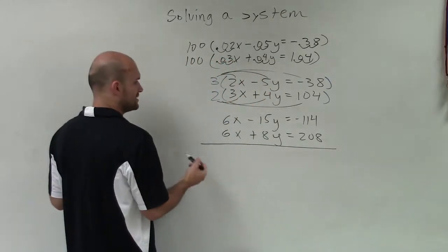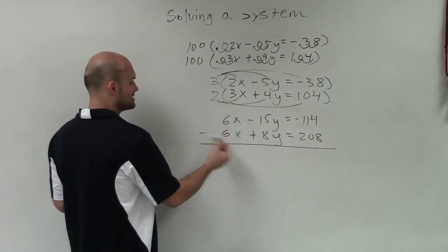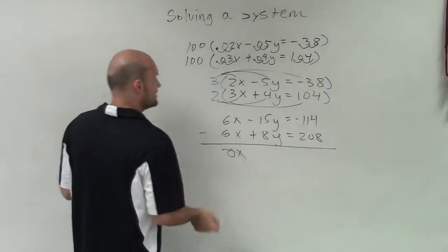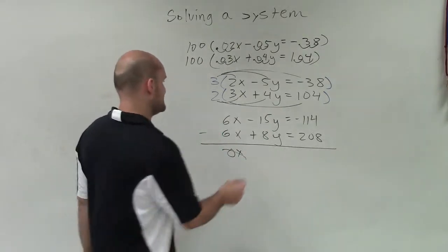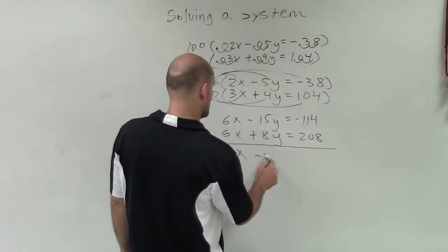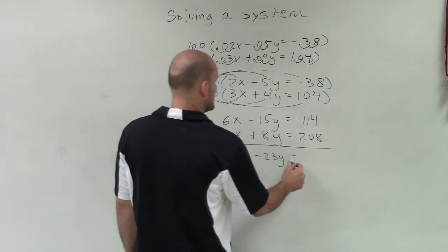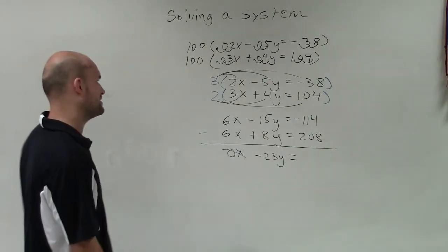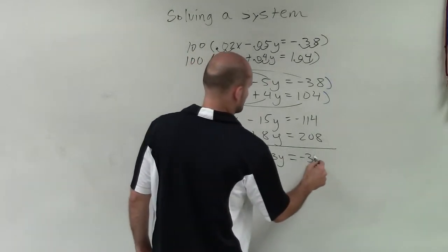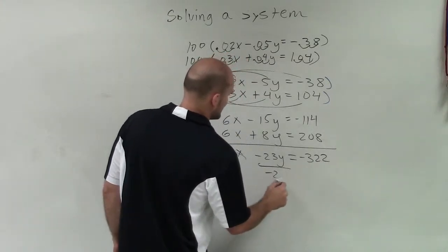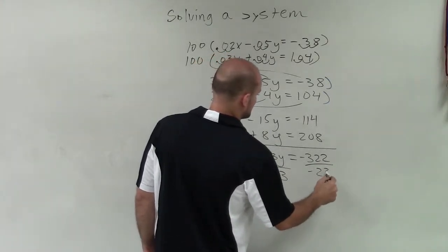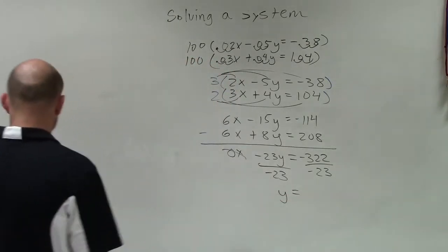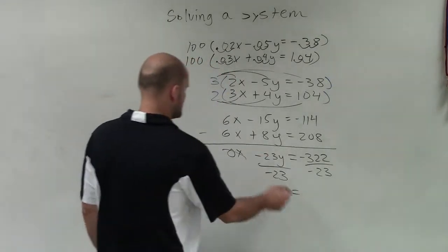By subtracting, 6x minus 6x gives 0x, which eliminates the variable. Negative 15 minus 8 is negative 23y, and negative 114 minus 208 is negative 322. Then I divide by negative 23, and I get y equals positive 14.